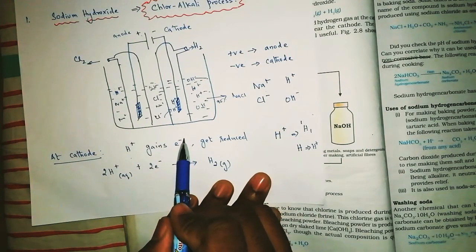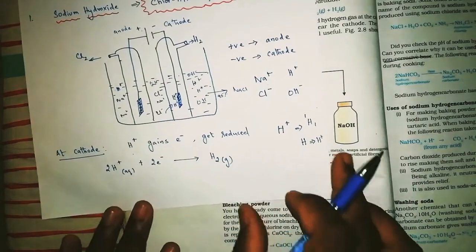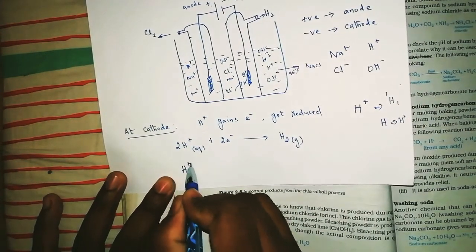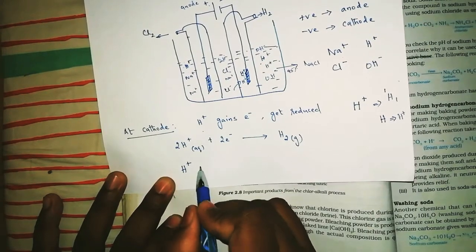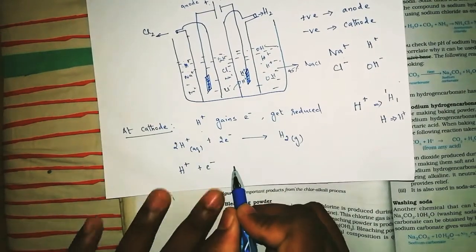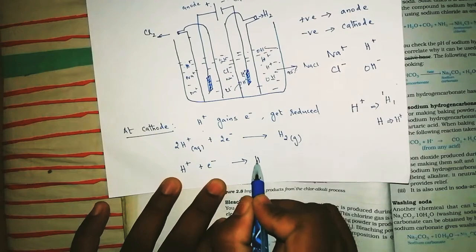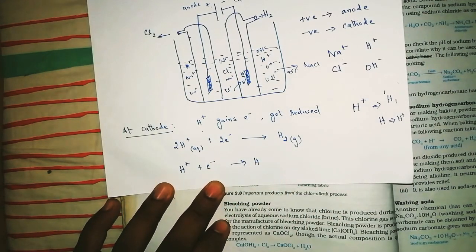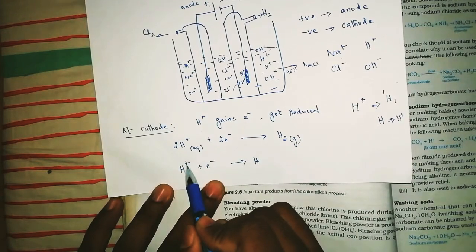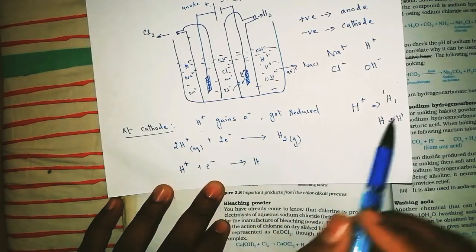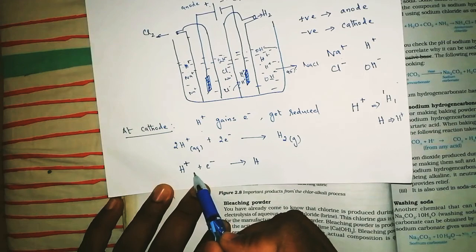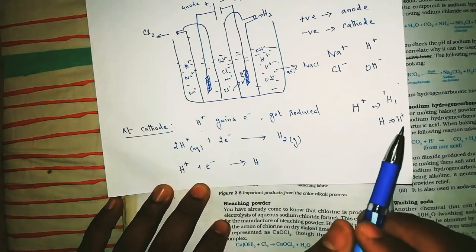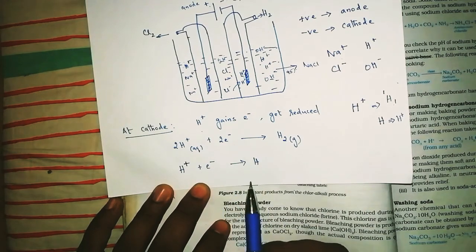Hydrogen, after it gains an electron, H plus gaining an electron forms H, normal hydrogen. That means before it was an ion, H plus, and after gaining an electron, hydrogen becomes normal hydrogen with atomic number 1 and mass number 1.